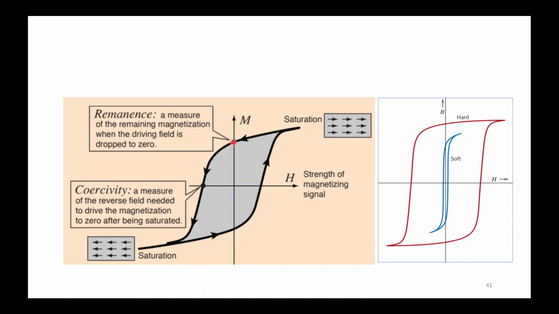Why not the third? Third is also demagnetized. In the third we are going in this direction, so it is magnetizing in the opposite direction. We are trying to find how easily we can demagnetize our magnet.